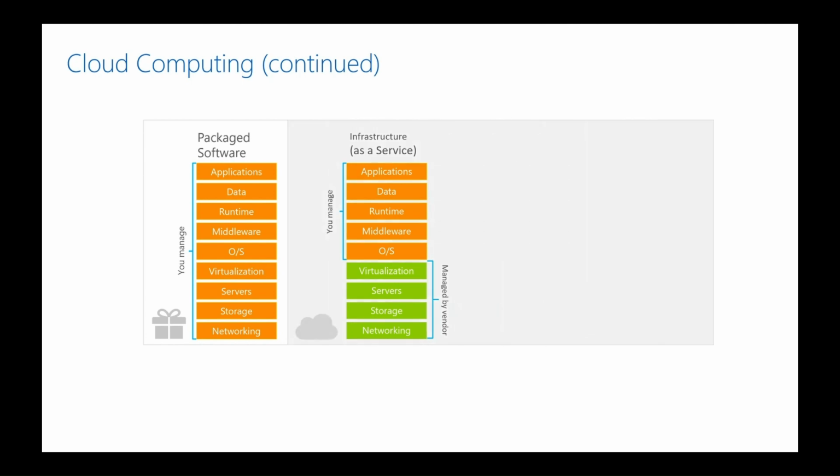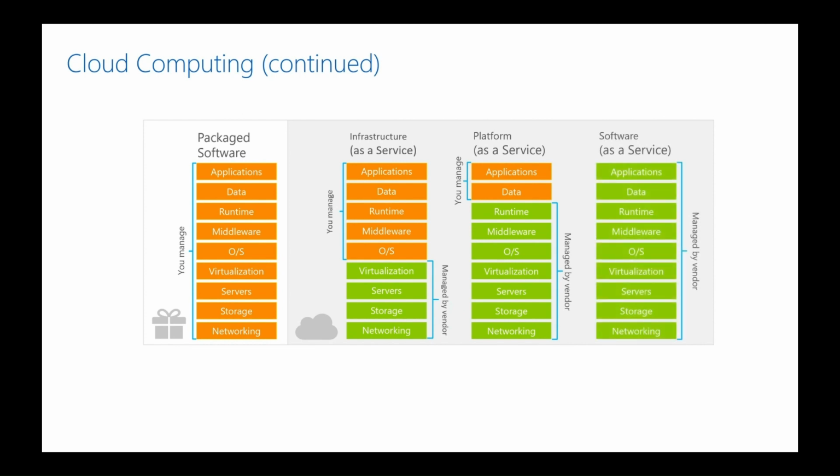The next one is platform as a service and software as a service. In platform as a service, we are only responsible for managing the application and data. We don't have to know about the OS, runtime, middleware, and networking. We don't have to do anything with that, as it is managed by the vendor.